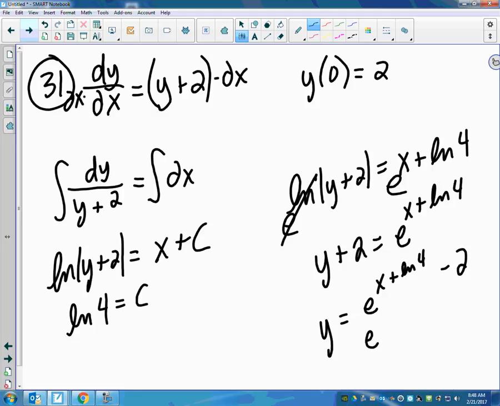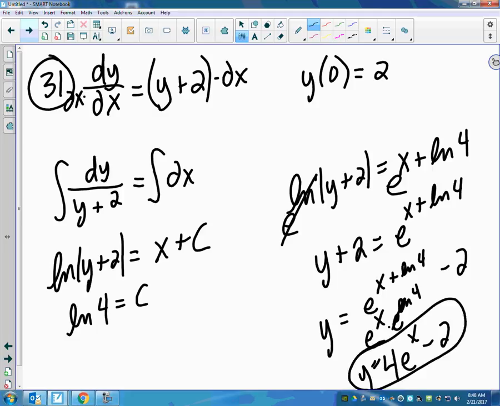Like we talked about, this is e to the x times e to the ln of 4, because when you add exponents, it's like multiplying, and the e and the ln cancel out. So that's why the back of the book says 4 e to the x minus 2. But I promise if it was a free response question and you left your answer as e to the x plus ln of 4, all the exponent, and then minus 2, you would still get your point on that. It's just on a multiple choice question, you would have to be able to match it up.